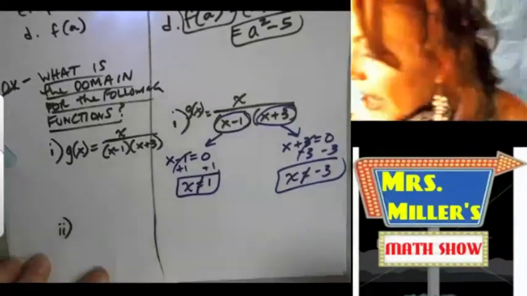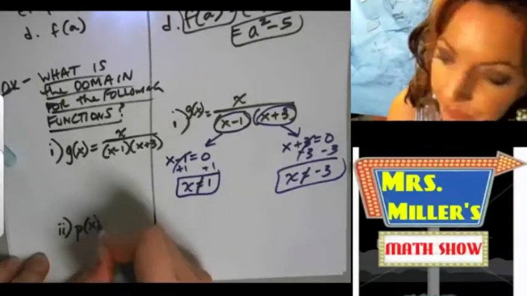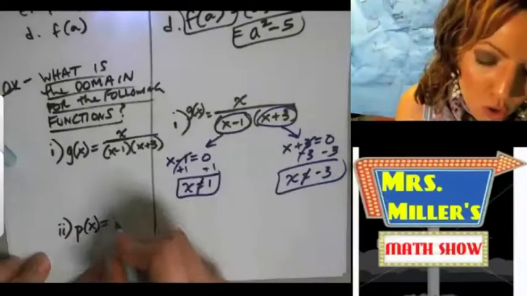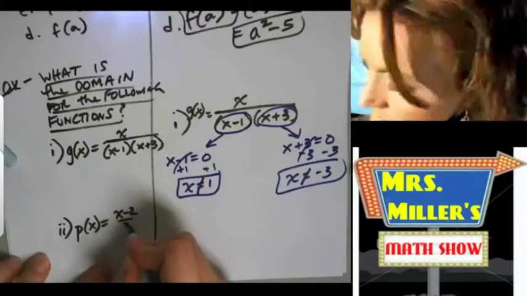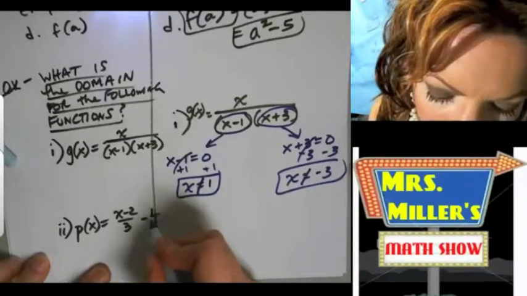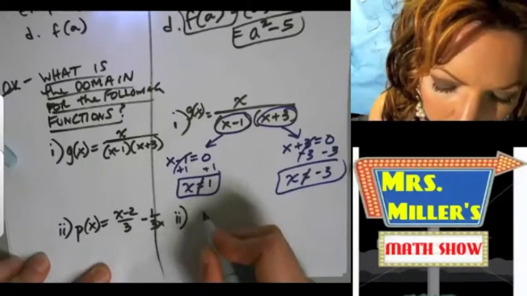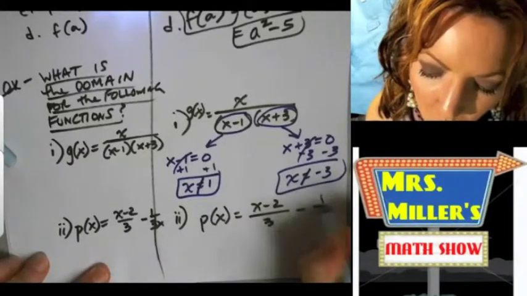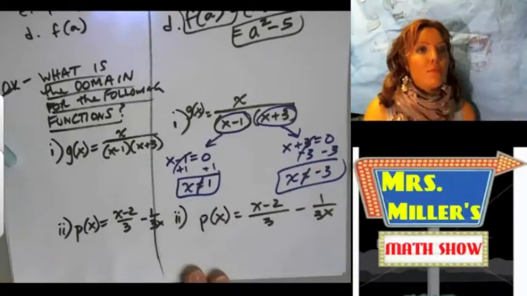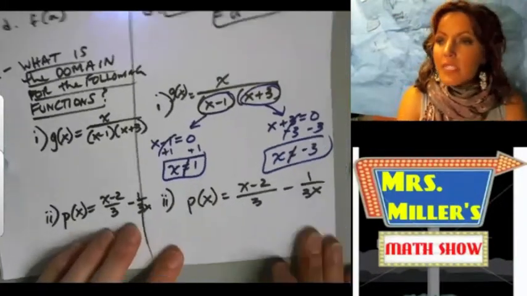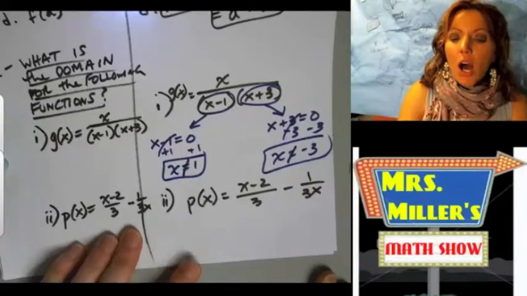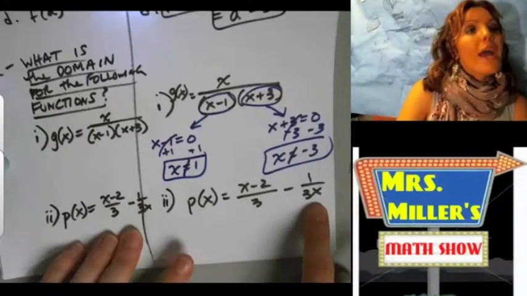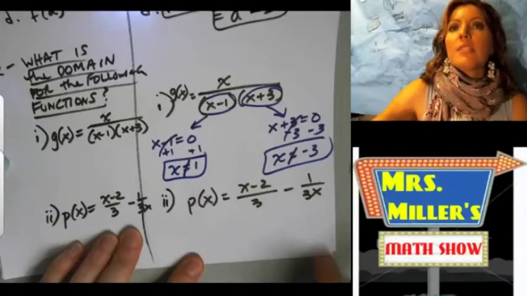P of x equals x minus 2 over 3 minus 1 over 3x. So here is the awesome thing about these kinds of problems. We can ignore everything except denominators that have x in them.